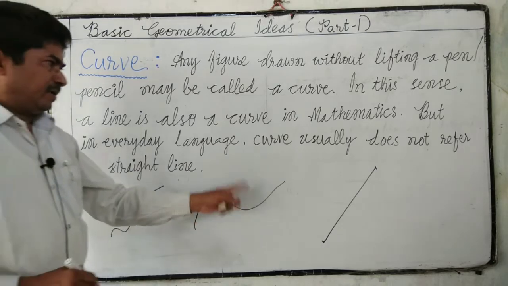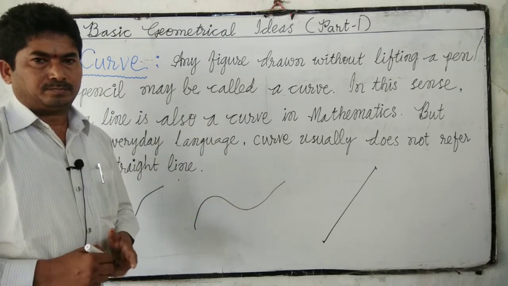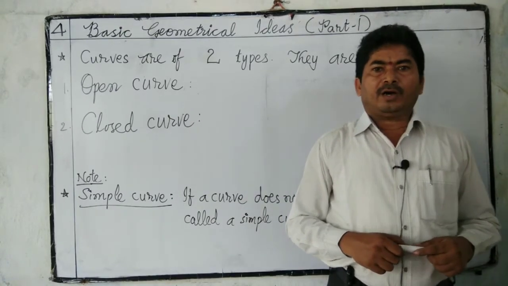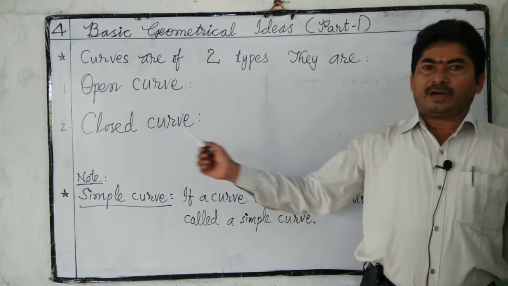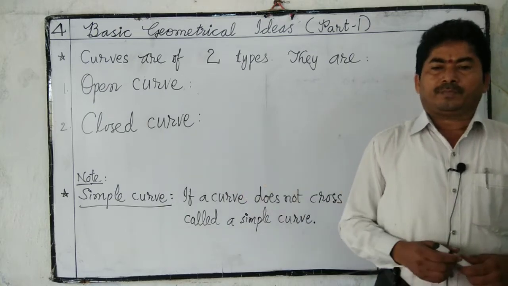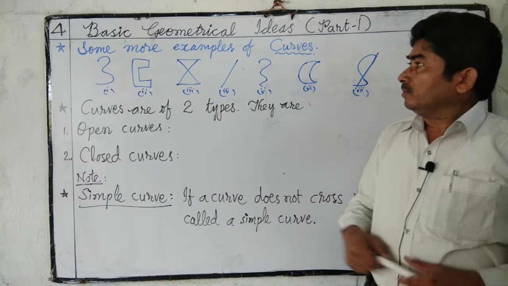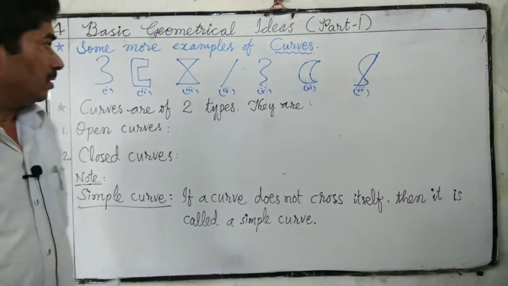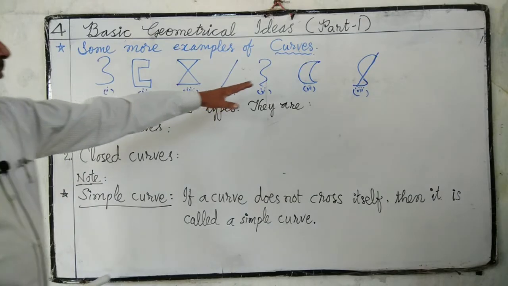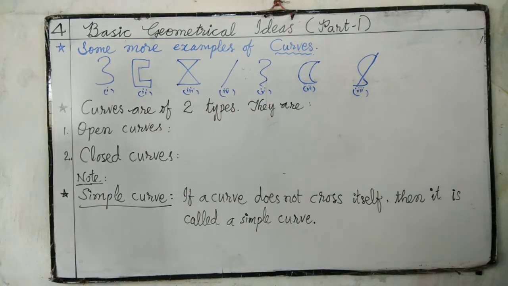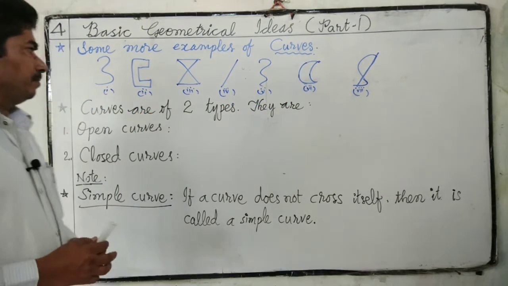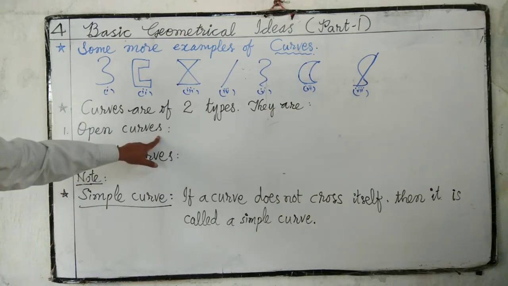These are examples for a curve. Curves are of two types. They are open curve and closed curve. Here we have some more examples of curves. If we observe these curves, we can say curves are of two types. They are open curves.